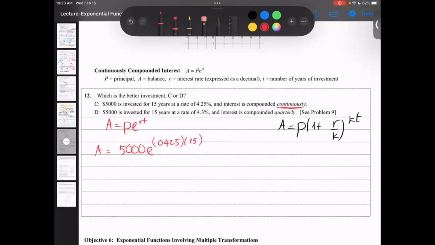And the other one is 5,000 times (1 + 0.043/4), quarterly, to the power 4 times 15.